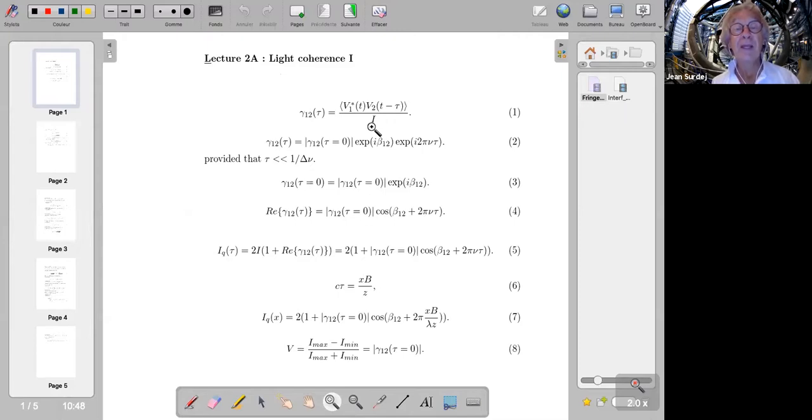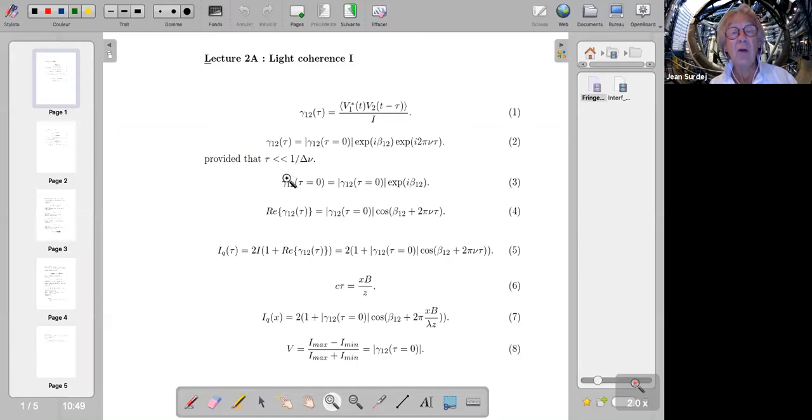Then we have seen that provided that the time delay between the arrival of the two light beams at the observer screen is smaller than the coherence time given by 1/delta nu, we could rewrite the expression of the complex degree of mutual coherence in this form. So it's a modulus calculated for tau equals 0. Here there is a complex exponential, it's a phase factor. And then here is a time dependence, which essentially depends on the time delay.